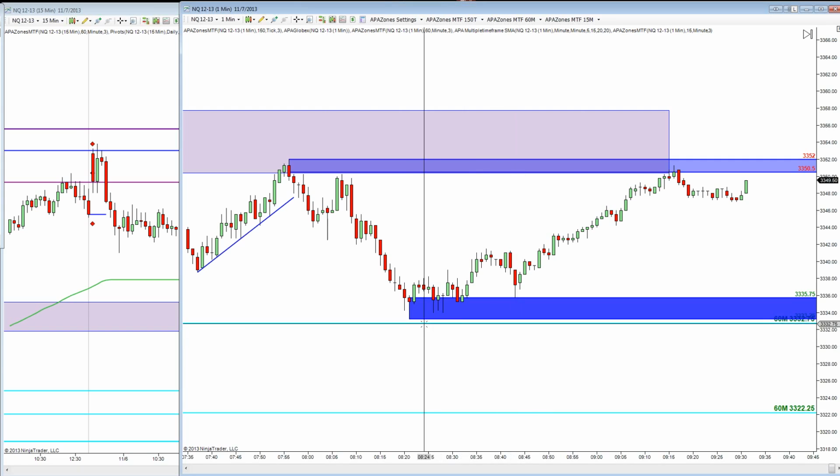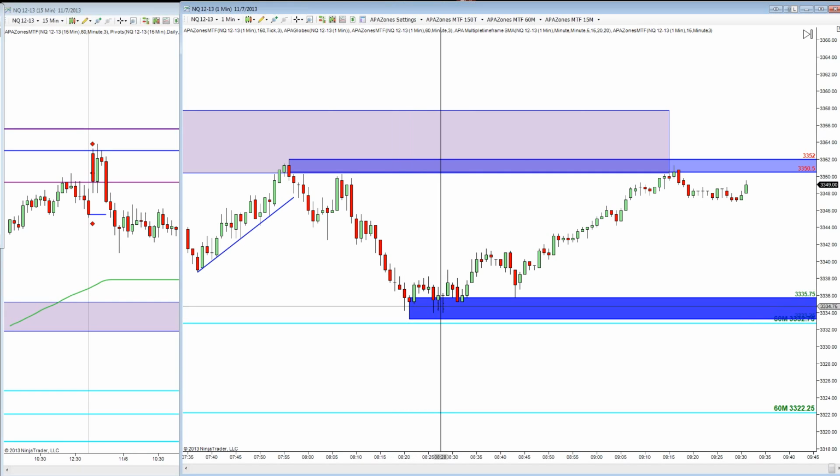And we do have a 60-minute level just underneath us there, so it just came one tick within that zone, so that's another little confirmation.